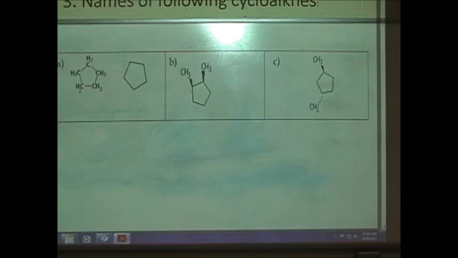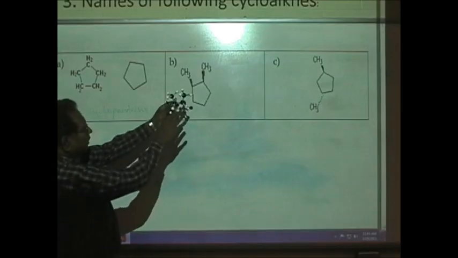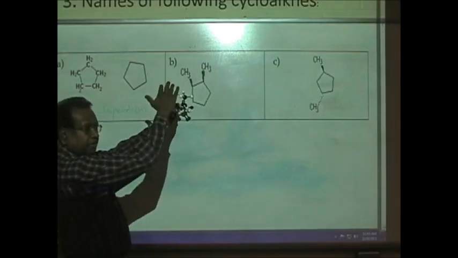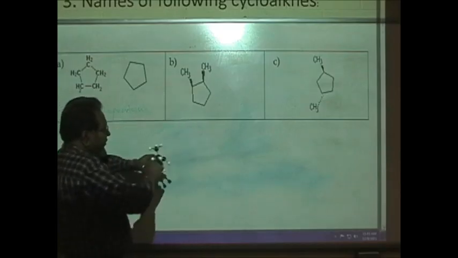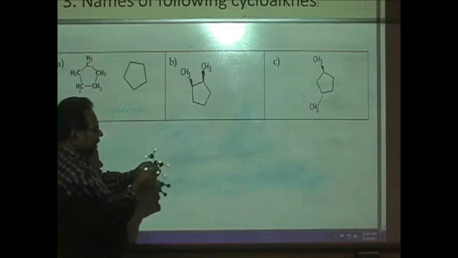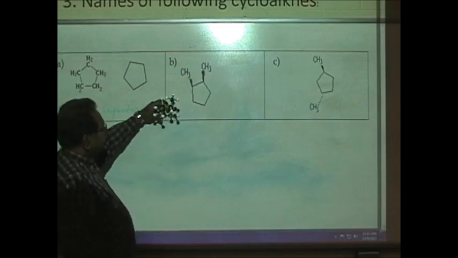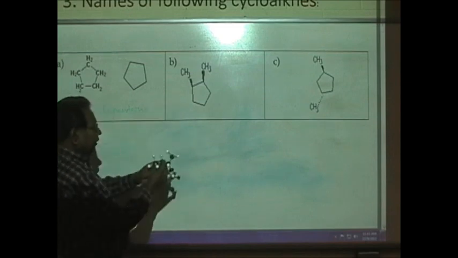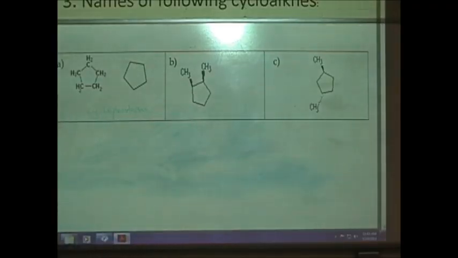Okay, now what we do is this. If you put a group like this on the same side, they are coming out on the same side. If I change this group to this side and put it here, then they're different. We get the hydrogen. Okay, they're different. Now this one is called cis.